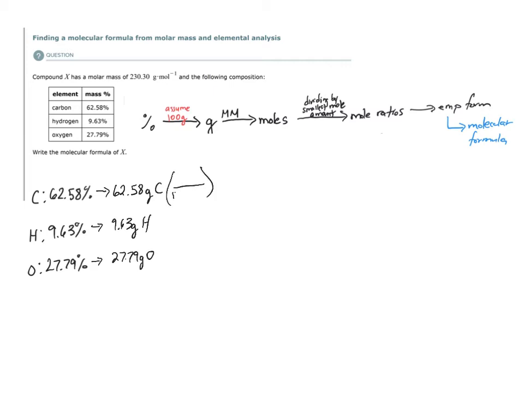And I use molar mass to convert from grams to moles. 1 mole of hydrogen, and here 16 grams of oxygen is 1 mole of oxygen. I'll now have mole amounts for each element in this 100 grams of sample.